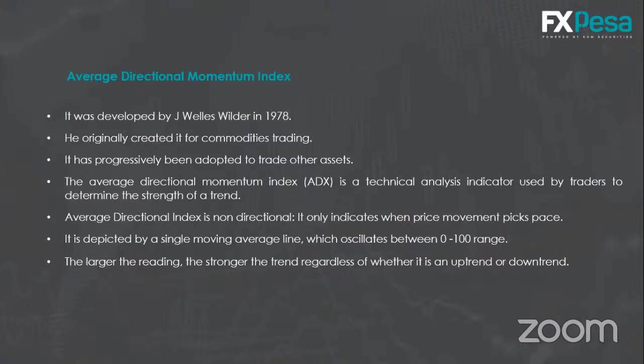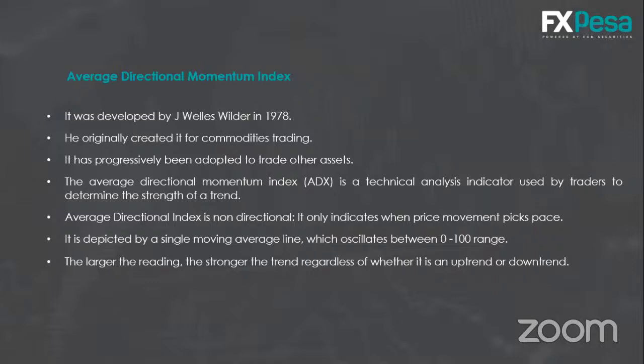Rather, it helps traders to track where the price might start to accelerate, regardless of the direction. It only indicates when the price will start to pick pace, or start to move towards one direction with significant momentum.